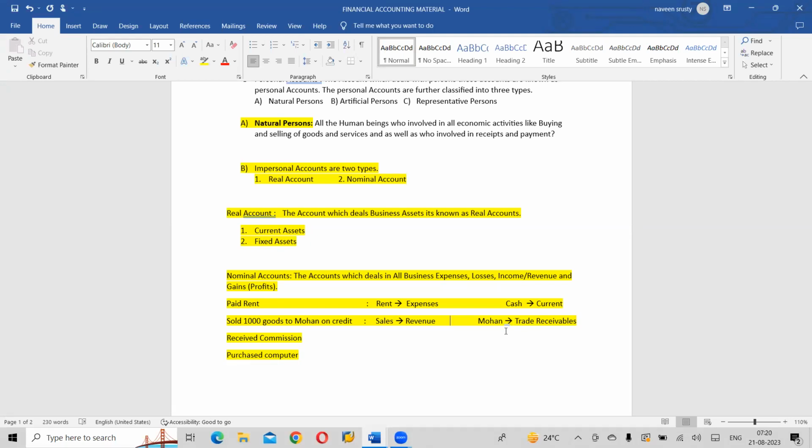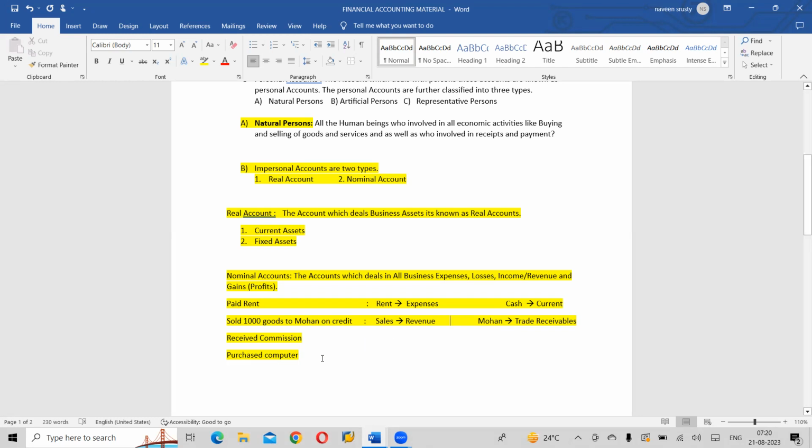That is a maximum limit. Then what kind of asset is this? Trade receivables are a current asset. Mohan comes under current asset. Why? He is a sundry debtor.